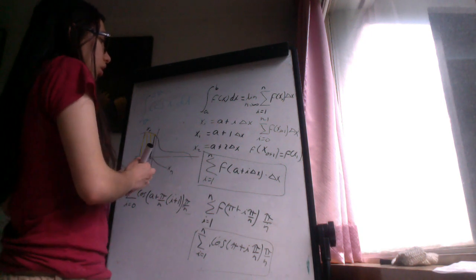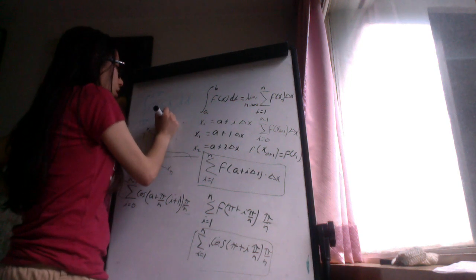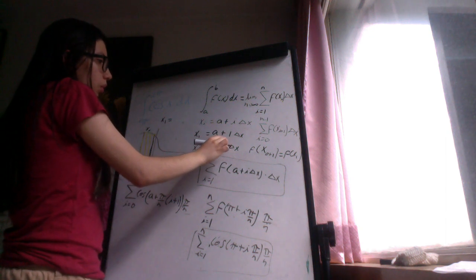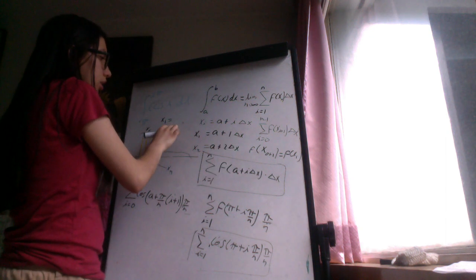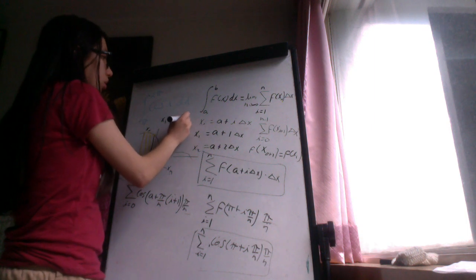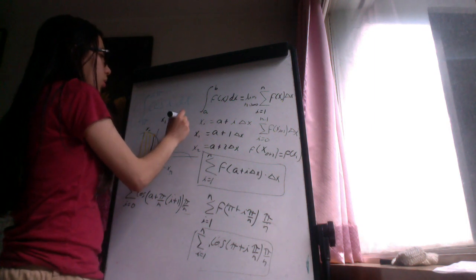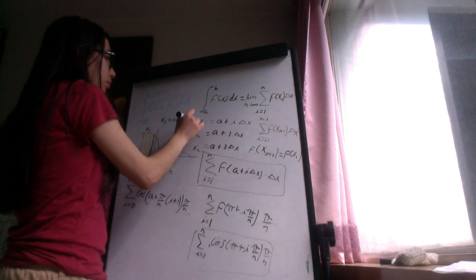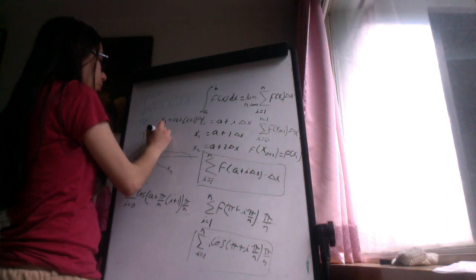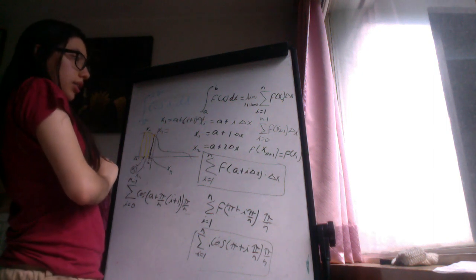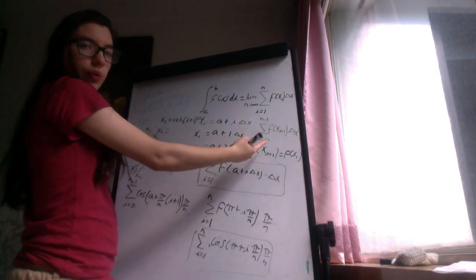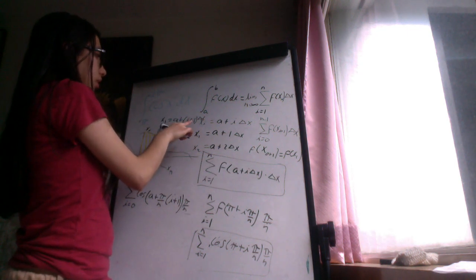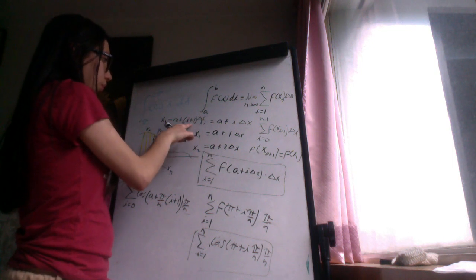Here i is now 0. So x sub 1 is no longer just a plus 1 delta x. This is now a plus i plus 1 delta x. So x sub 1 would be, when i is equal to 0, because we are beginning from i equals 0, a plus 0 plus 1 times delta x.